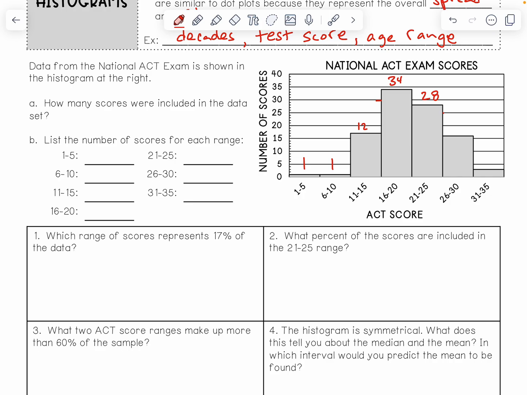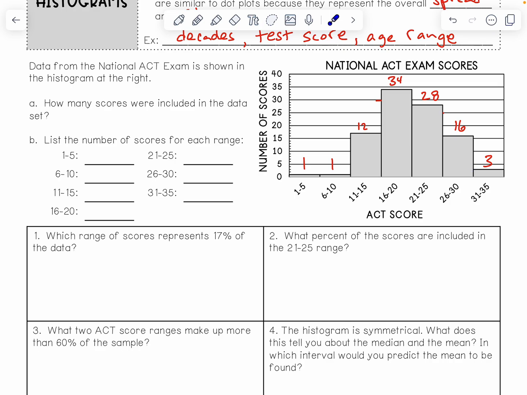This looks like just above 15, so that's 16, and this looks like 3. So how many total scores were included in the data? That's 1 plus 1, that's 2, plus 12, that's 14. 14 plus 34 is 48, plus 28 is 76. 76 plus 16 is 92. 92 plus 3 is 95.